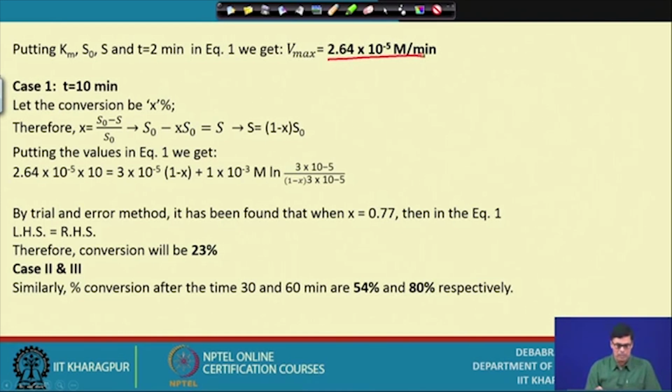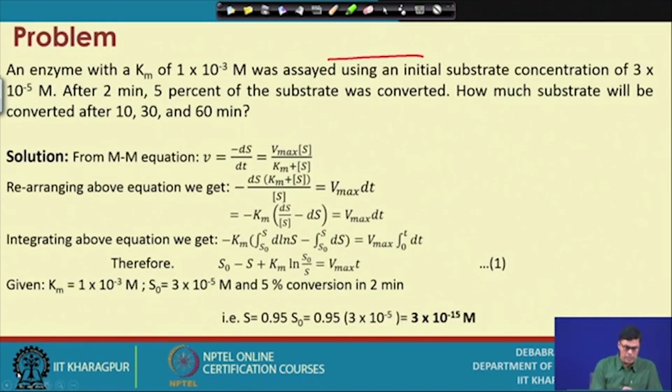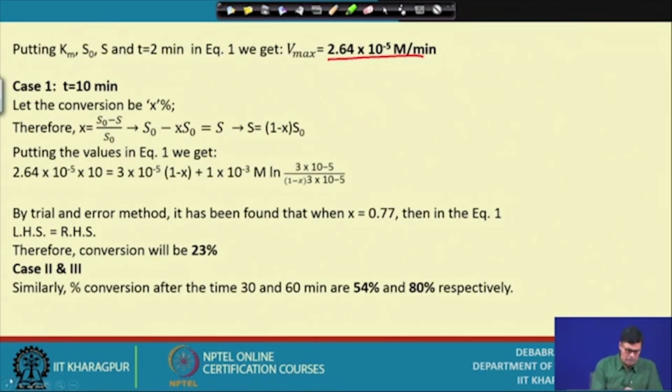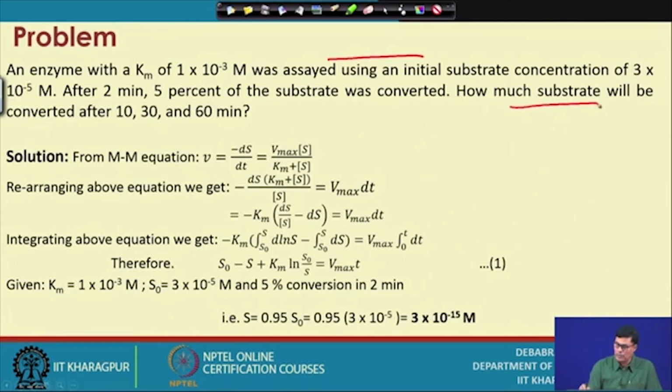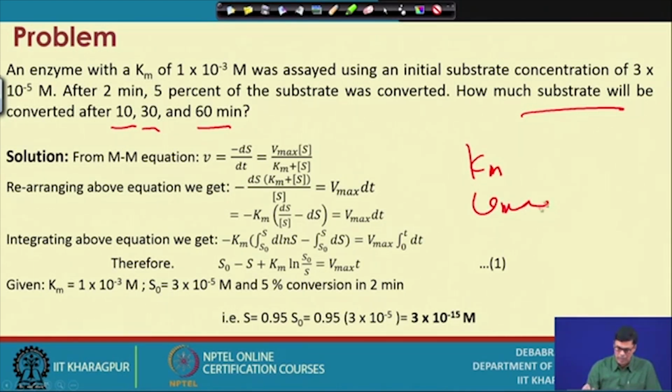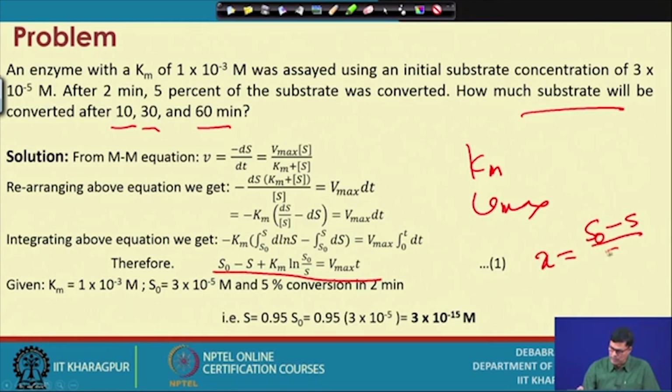The next thing we have to find out is how much substrate is converted in 10, 30 and 60 minutes. We know the Km value, we know the Vmax value, and we have this correlation, am I right? Here x is equal to S0 minus S by S0.